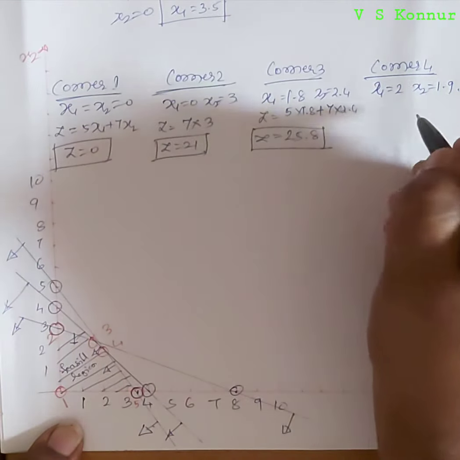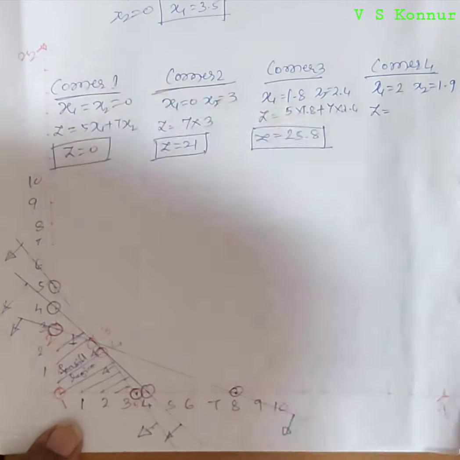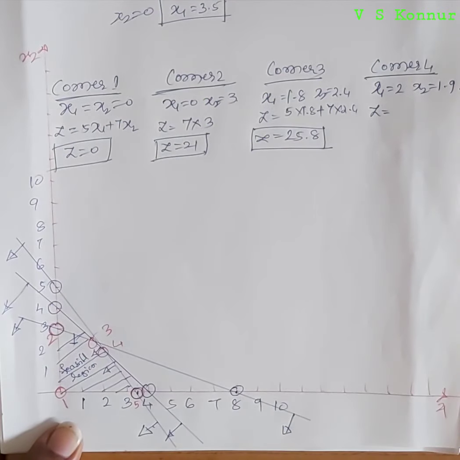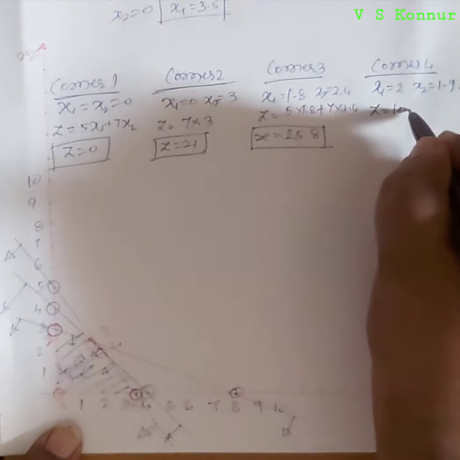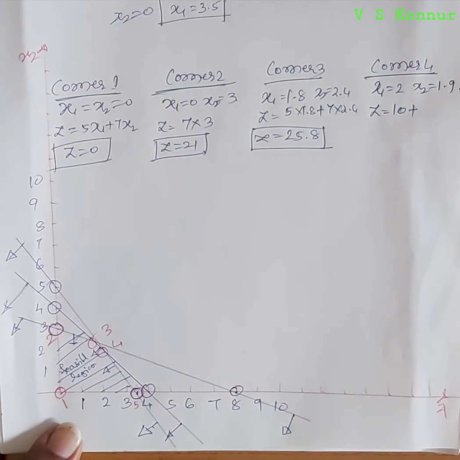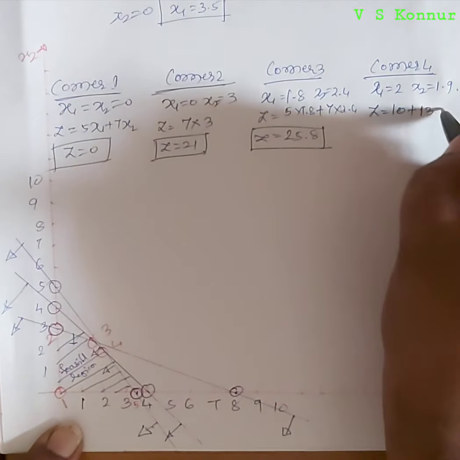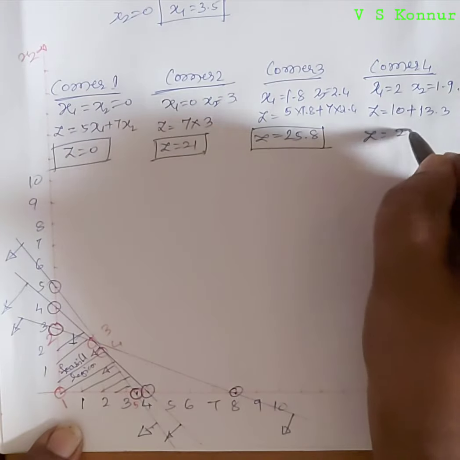So the z value is 5 into 2, 10, plus 1.9 into 7, 13.3. So z is equal to 23.3.